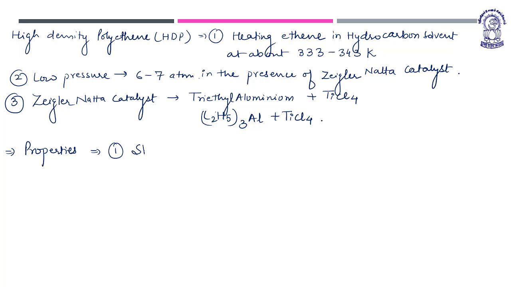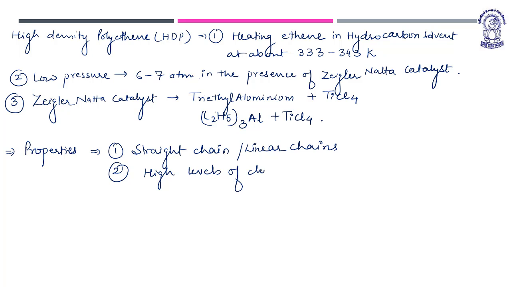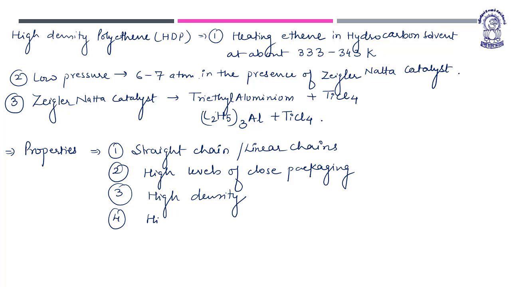It is a straight chain, with no branches, a linear chain, showing high levels of packing, close packing, high density, and a high melting point.